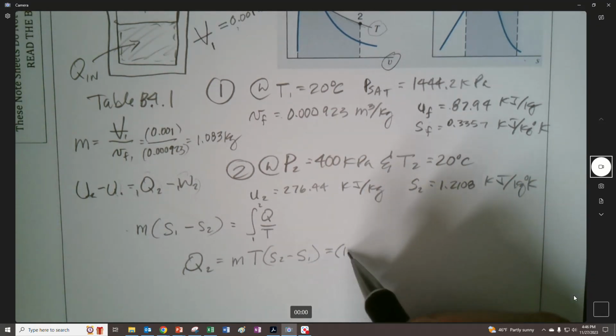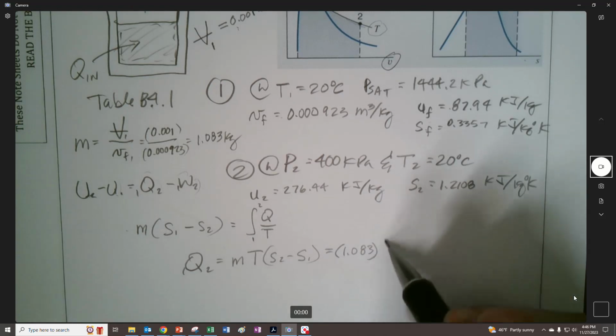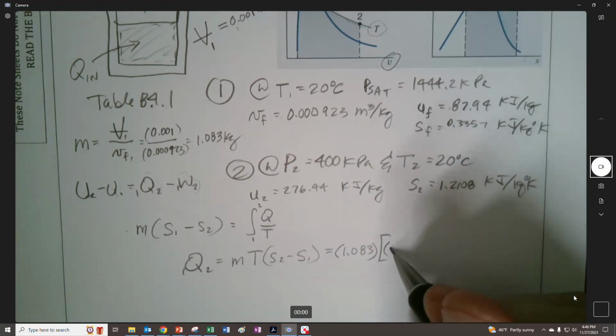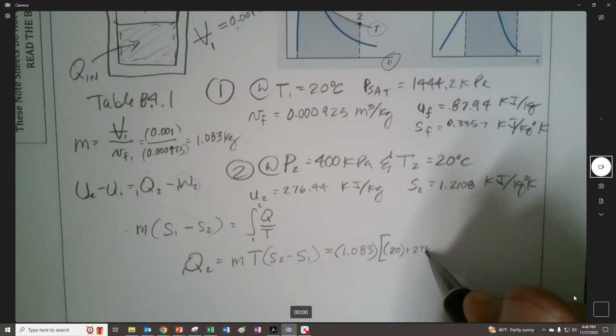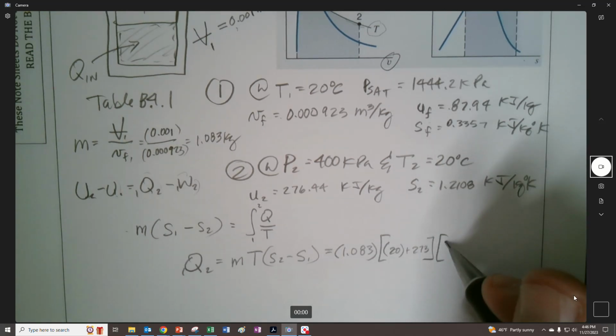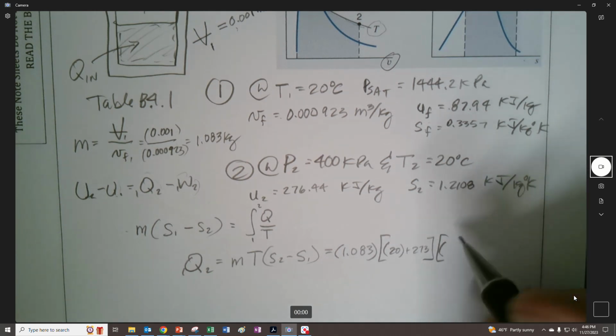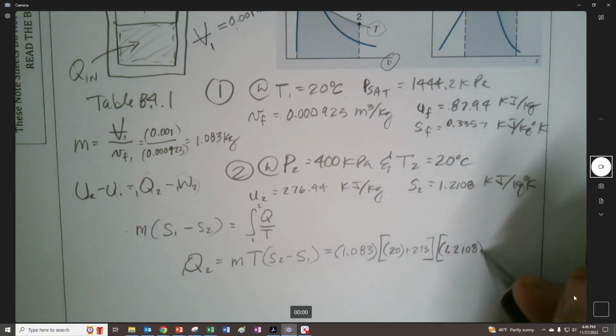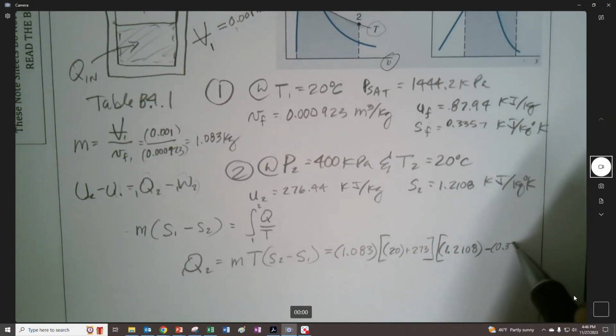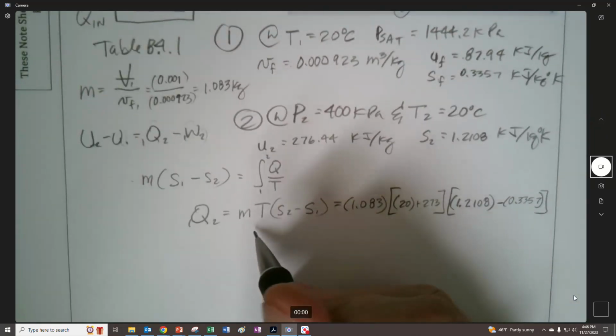Therefore 1.083 times 20 degrees plus 273, times 1.2108, and we're going to subtract out 0.3357.